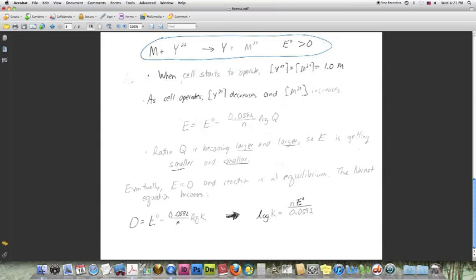When we first set everything up and let it start working, if it's a standard cell, that means that the concentrations of these two ions are going to be exactly 1 molarity. But as we know, that's going to start changing as soon as things start happening. As soon as things start happening, your Y2+ concentration will begin to decrease, and the M2+ concentration will begin to increase, just because this is going to start happening.